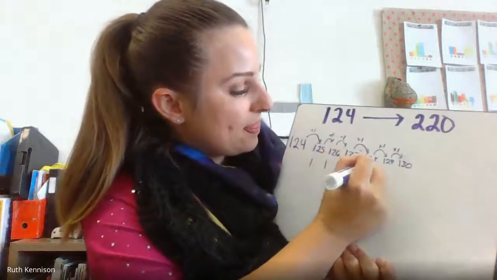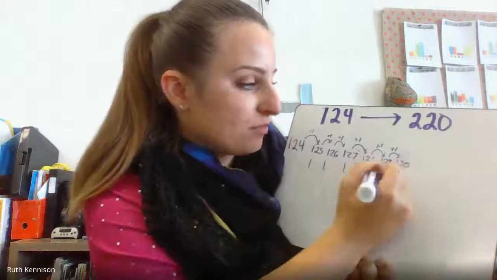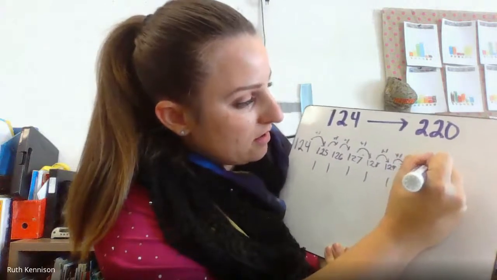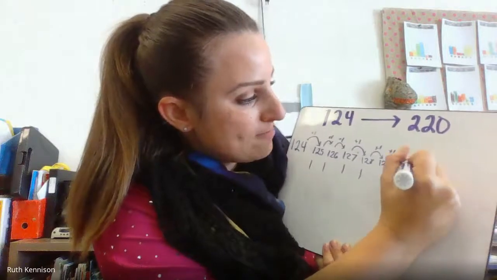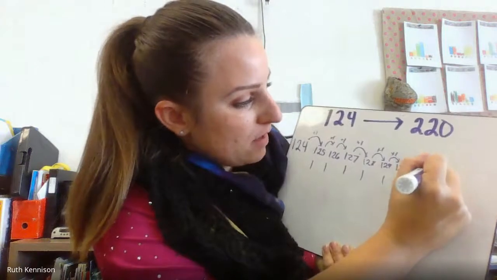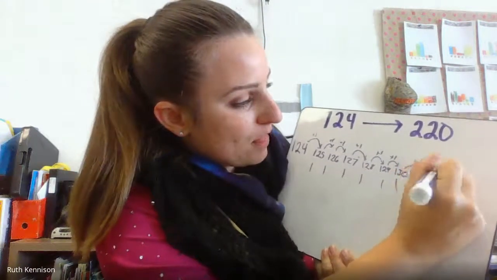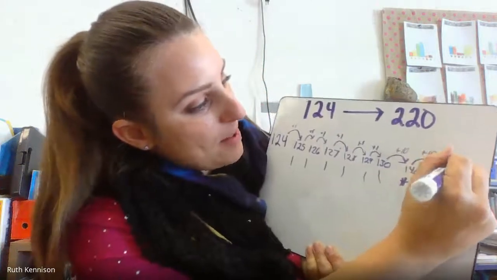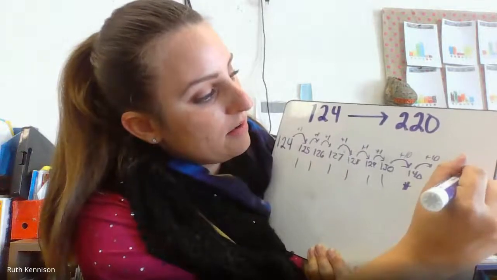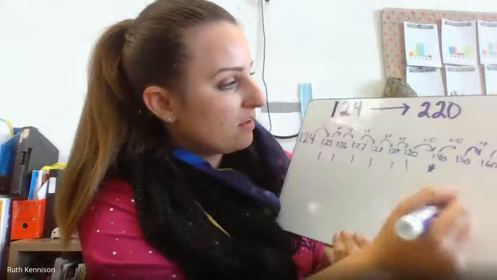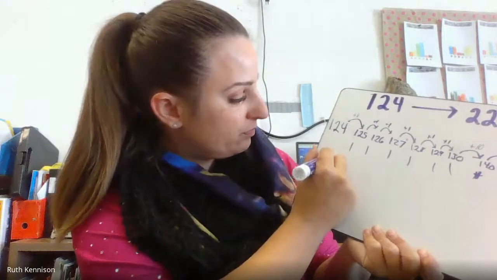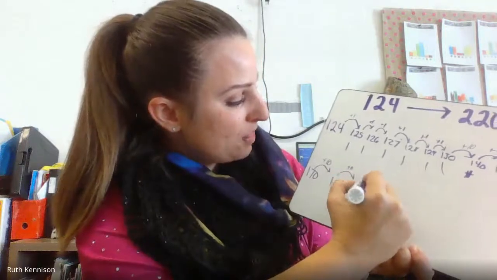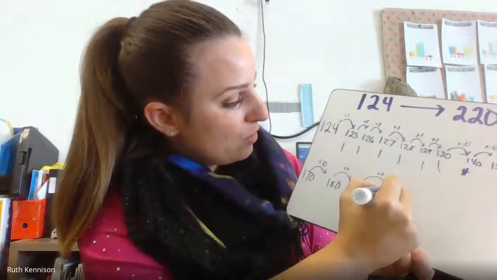Now that I added those ones so that I have a group of 10 there, I can count by tens to get to 200. 130 plus 10 is 140. 140 plus 10 is 150. 150 plus 10 is 160. 160 plus 10 is, and I'm going to hop down here, 170, plus 10, 180, plus 10, 190, 10 more would be 200.